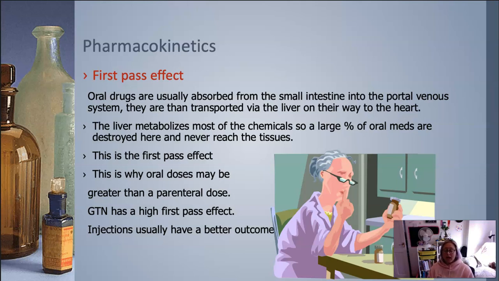The blood supply that runs alongside the small intestine goes directly into the portal venous system, and they're transported directly to the liver, then onto the heart to be passed systemically around the body. So they're going into the venous system, which is obviously the out part.